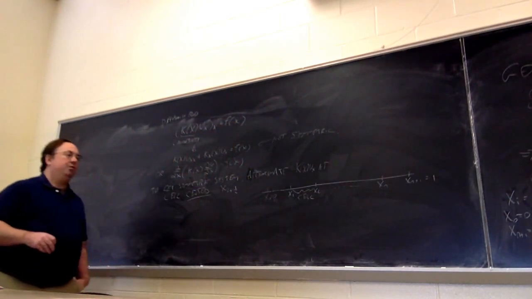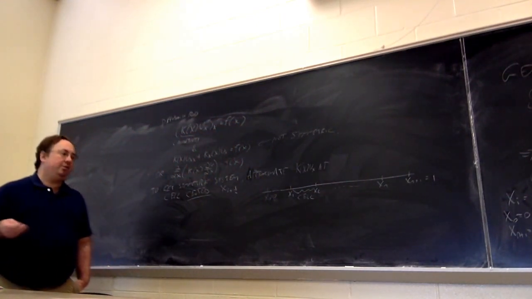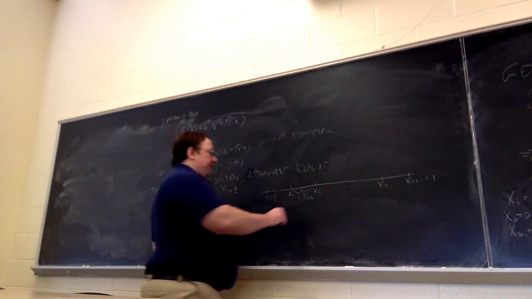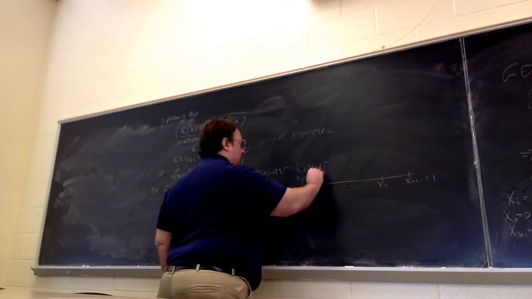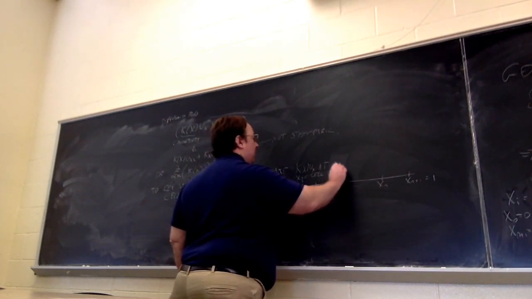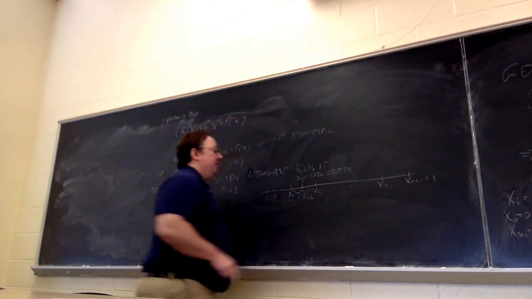So the cell boundaries, we have our grid points, x1, x2, and so on. But this point, x_{3/2}, that's what I mean by a cell center, the midpoint of each subinterval.